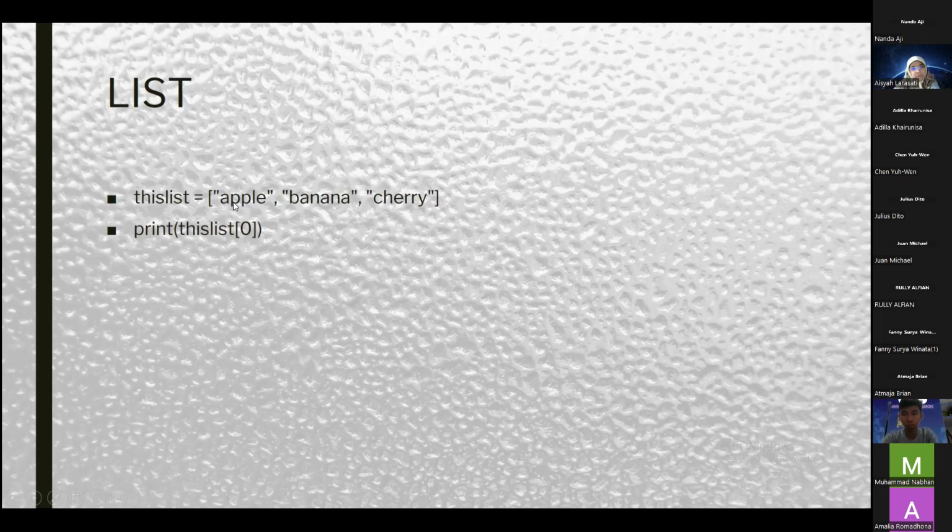When you index, this is the first element, but in Python, you must know every number starts from 0. So this is 0, 1, 2. So when you print this, 0 will come out with apple, okay? And the 1 banana and 2 cherry, and the 3 nothing, okay? So it will return an empty, nothing, a blank.